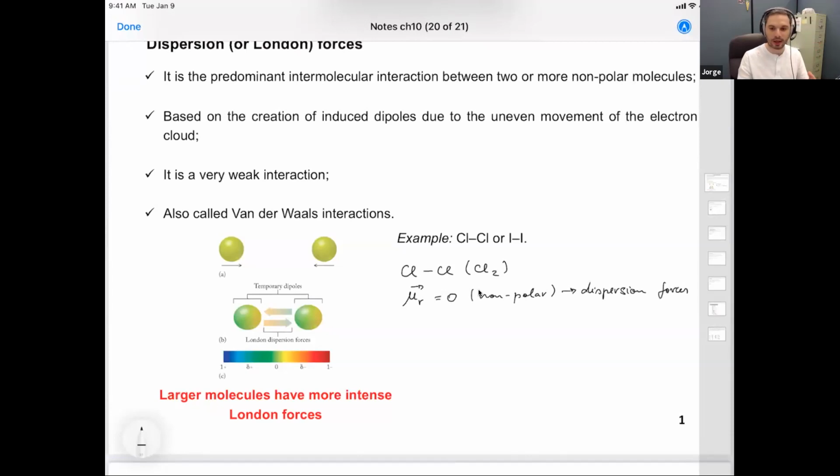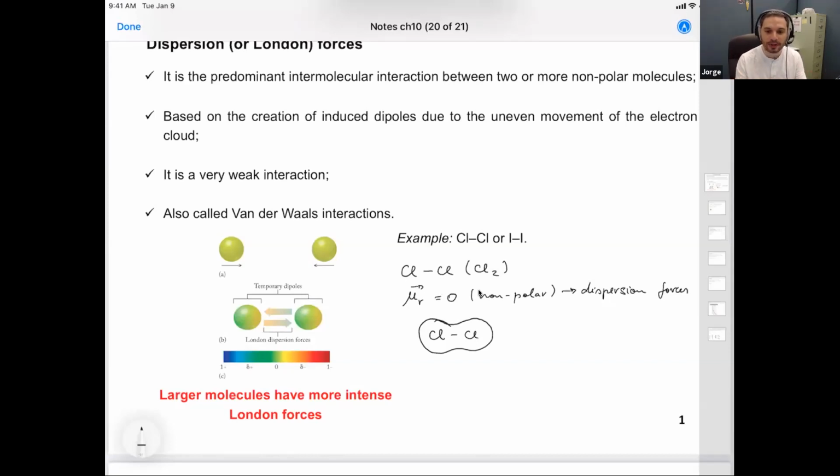How does that work? If we could take a picture of the electron cloud for the chlorine molecule, we would see something like that. And it's a pretty even electron cloud. However, this is not ideal, and each chlorine is battling for electrons, okay?